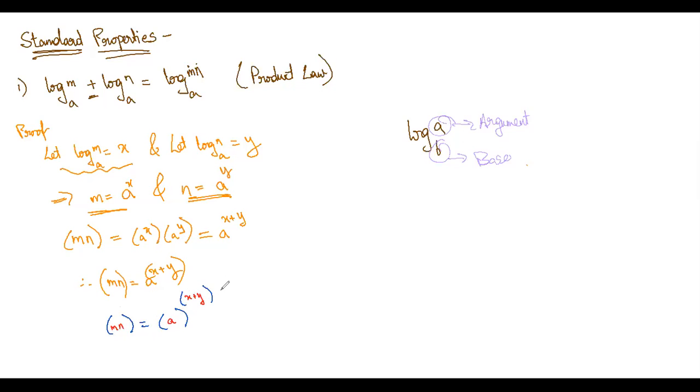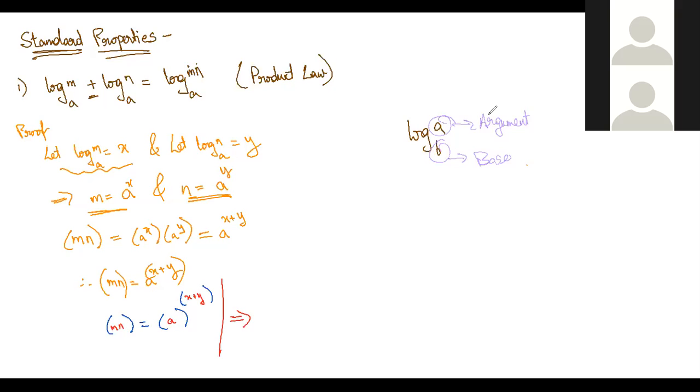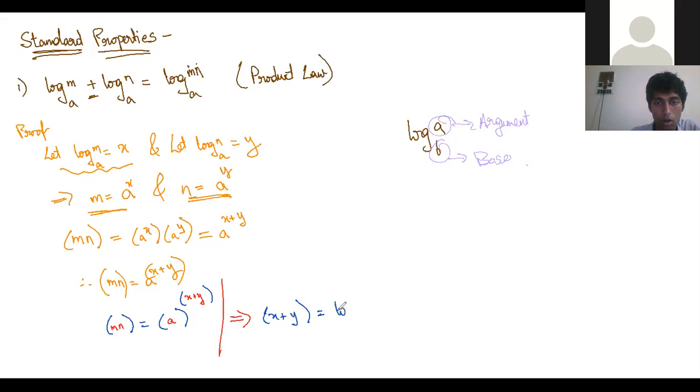Okay, who can answer? Tell me, Ashmita. Sir, it will be log mn to the base a equals x plus y. Yeah, good. x plus y will be equal to log mn to the base a.